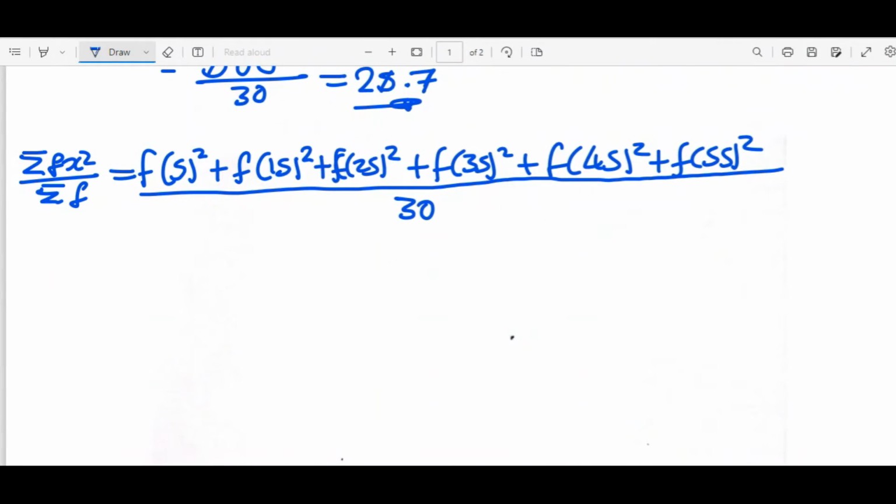So what is 5 times 5? It is 25, plus 15 squared, this should be 225.